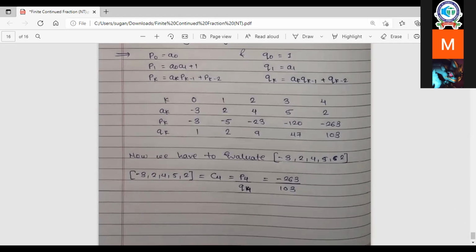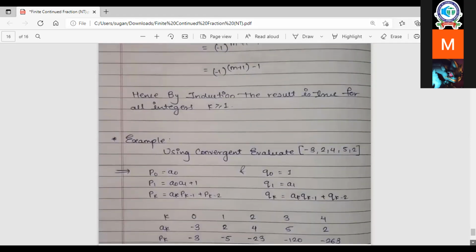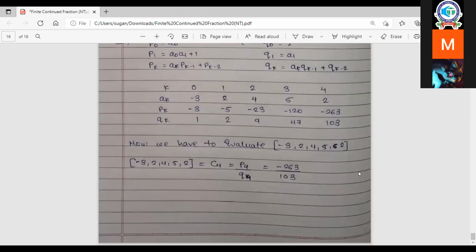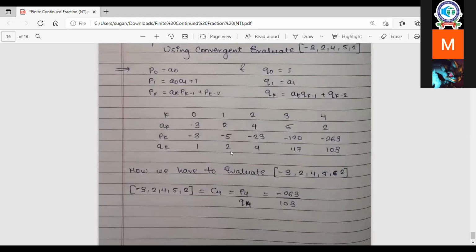Not that's it, just wait. Go below. What are P0, Q0 and P1, Q1? P0 is a0 and Q0 is 1. In the table, my P0 is minus 3 and Q0 is 1. P1 is minus 5 and Q1 is minus 2.